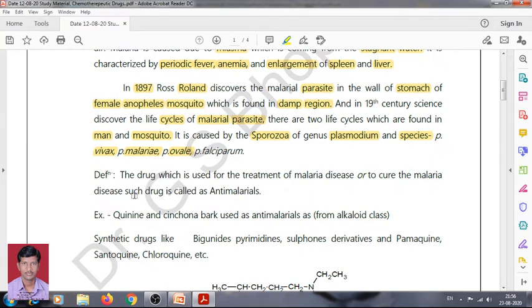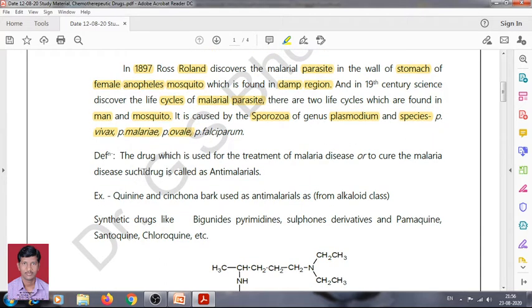The definition of anti-malarials: the drugs which are used for the treatment of malarial disease, or the drugs which are used to cure the malaria disease, such drugs are called anti-malarial drugs.